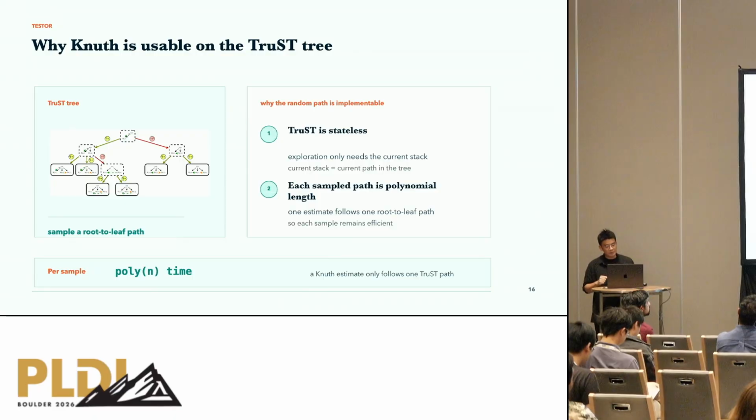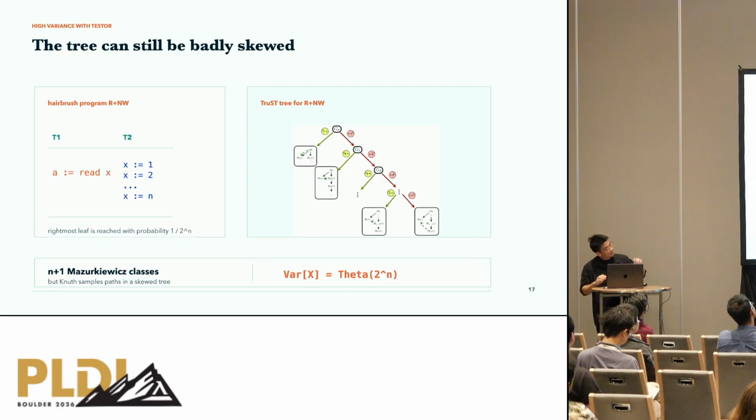So using Knuth's algorithm to draw one sample in this tree is still implementable in polynomial time. Okay, but unfortunately, even this tree can still be badly skewed. Namely, the variance can still be exponential for concurrent programs with only n+1 Mazurkiewicz classes.